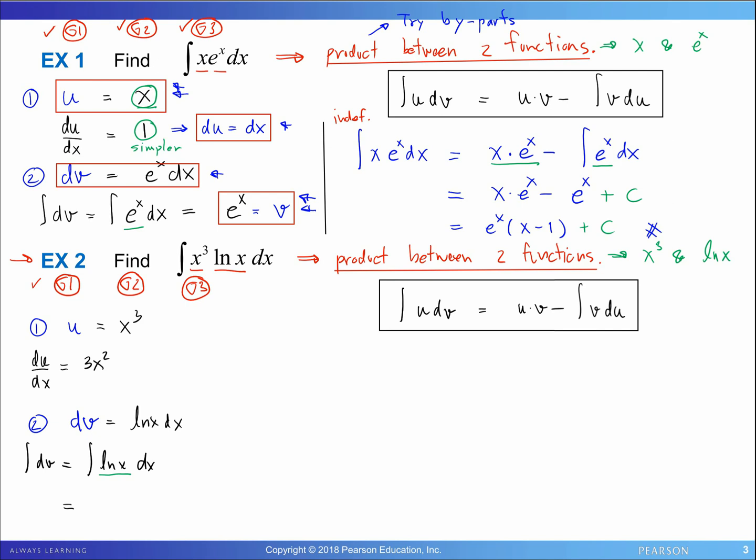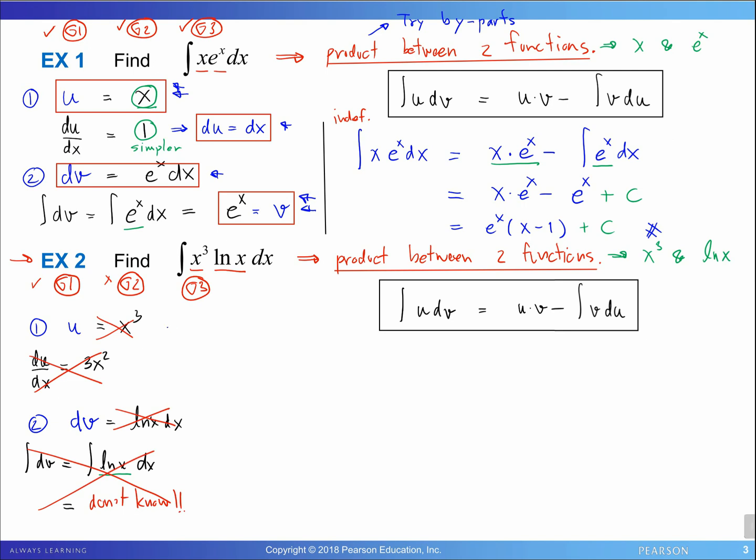But we don't know what we get when we integrate ln x. So at this point, we don't know. And this means that the second guideline is not satisfied for this choice. So this is not a good choice. We cannot use this. And now we have to try the other choice.